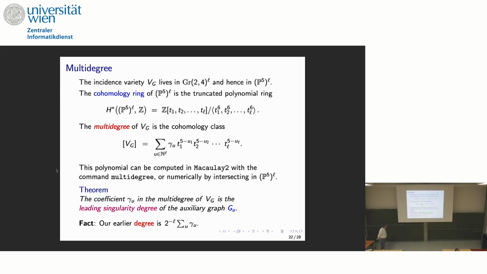All right, so here's a theorem. Any particular coefficient, I'm going to write gamma u for a coefficient here. I'm organizing the exponents like this. So this is the coefficient in this multi-degree, in this cohomology class. This is the so-called leading singularity degree, or LS degree, of an auxiliary graph depending on u.